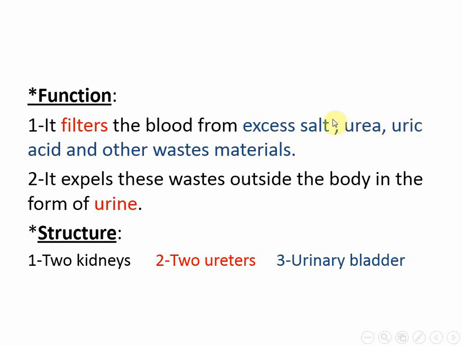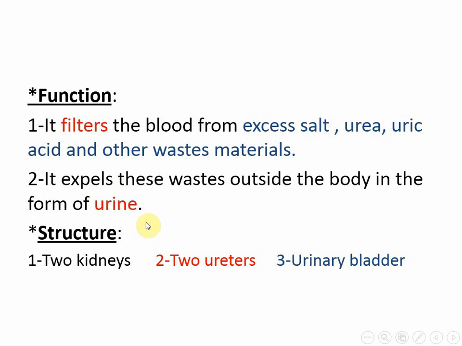They are the components of the nitrogenous waste from the breaking down of proteins and other waste materials. It also expels these wastes outside the body in the form of urine. So all the wastes of the urinary system are expelled out in the form of a liquid called urine.